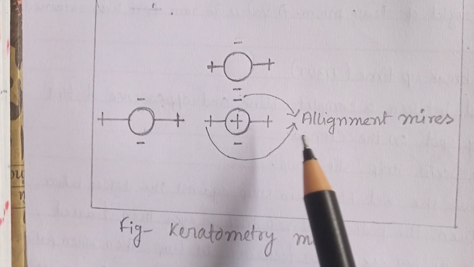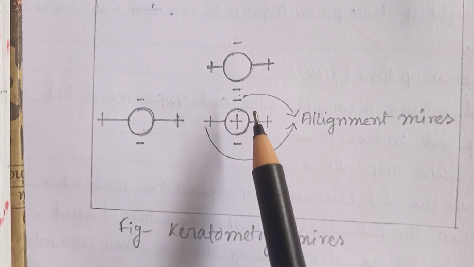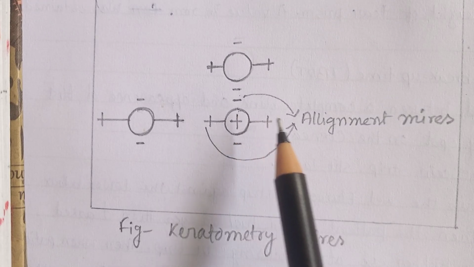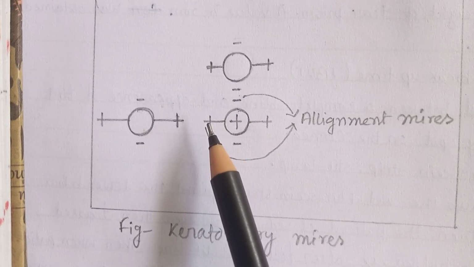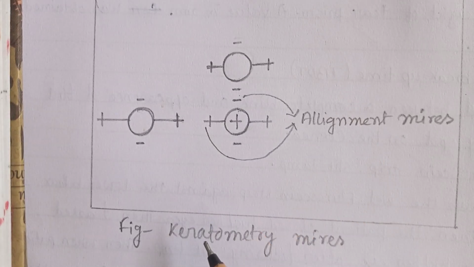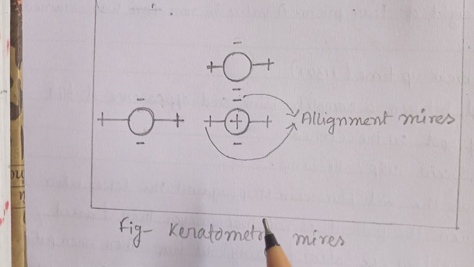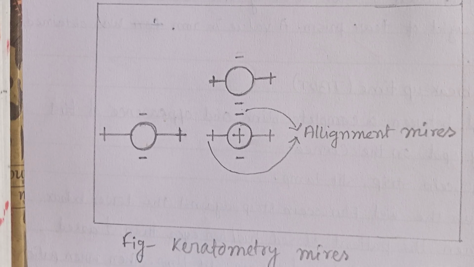After focusing you can see these three mires, and by rotating the horizontal and vertical drums present in the keratometer, you need to align these two minus signs and these two plus signs. When these are superimposed or aligned, your keratometry procedure is completed, and then you just note down the horizontal meridian value and the vertical meridian value in millimeters.